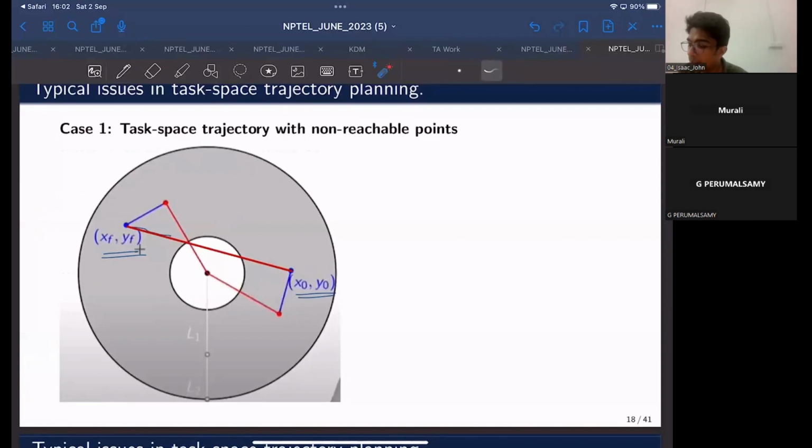But instead, if you are finding the joint variables theta 1f and theta 2f, and you also have the initial joint variables theta 10 and theta 20, and instead of planning a straight line interpolation in task space you plan in joint space, this situation would not happen. Instead of traveling in a straight line in task space, the robot's end effector would execute a motion something like this.